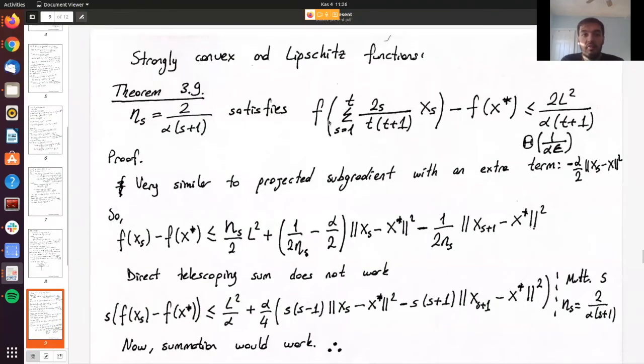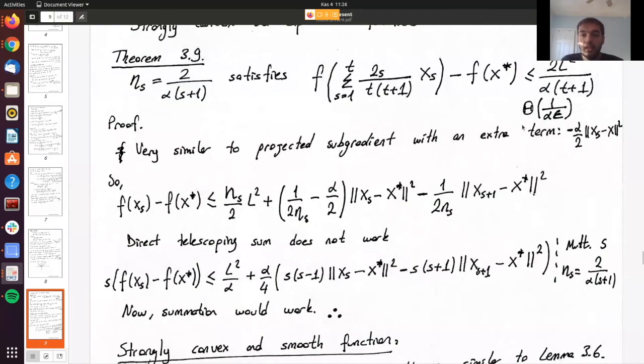And here we just find convex, so we don't assume smoothness here. We find strongly convex and Lipschitz functions' oracle complexity. The proof is very similar to projected subgradient, but we add this term.